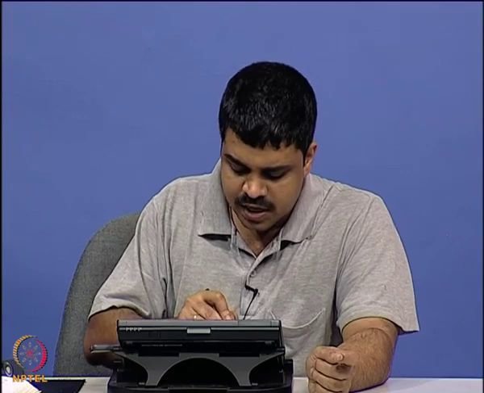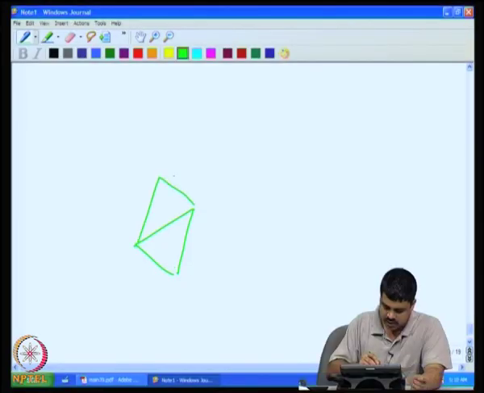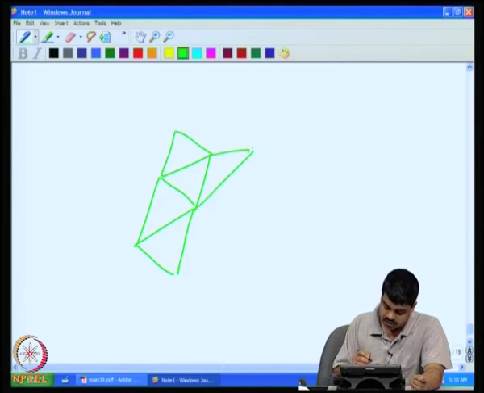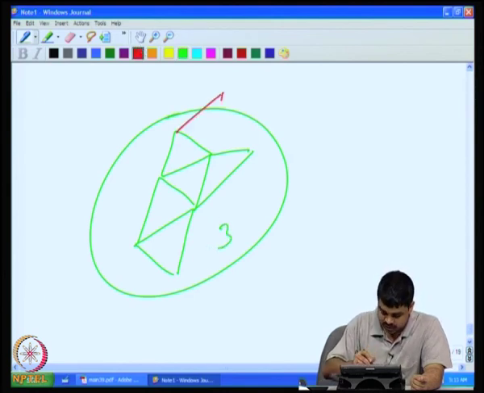But this edge maximal graph can be constructed by pasting together triangles. Now this is colored using 3 colors. When you add one more vertex, one more triangle, this color we give to these 2 vertices, and then the third color can be given to this.